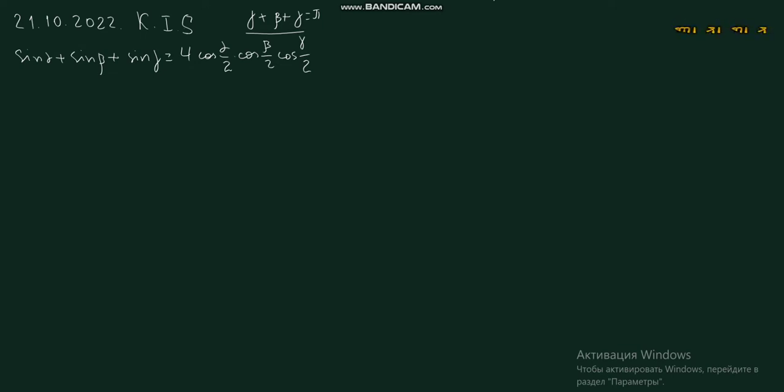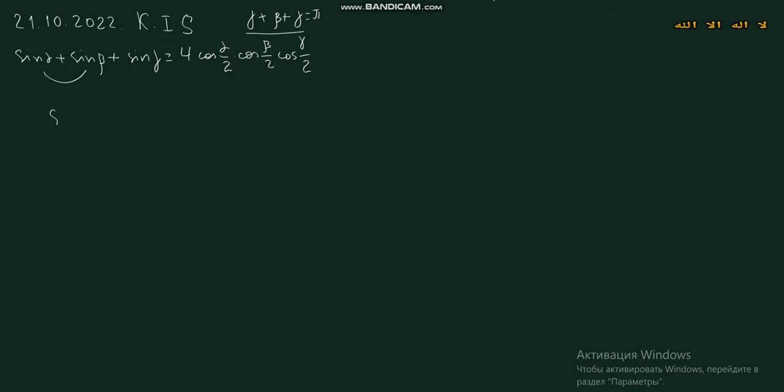In order to prove, what should we do? Let's transform the sum of these two functions, sine alpha and sine beta, into a product.